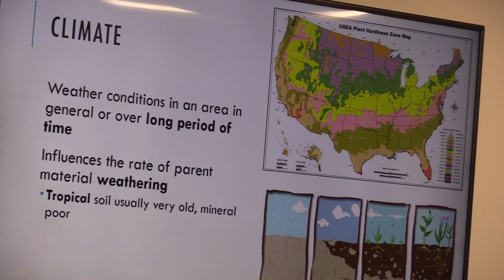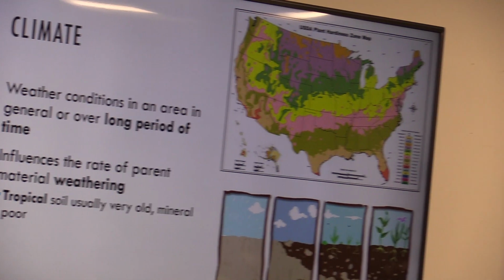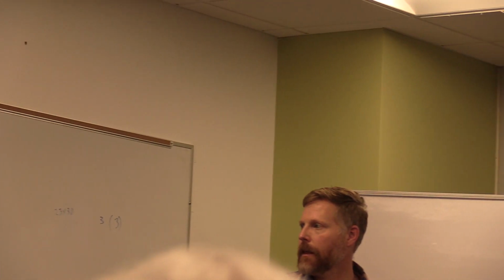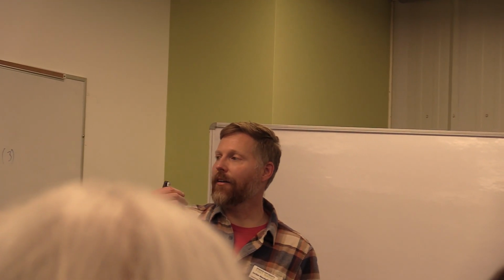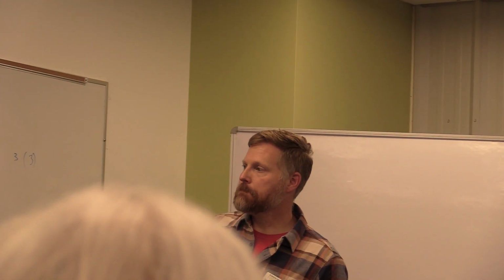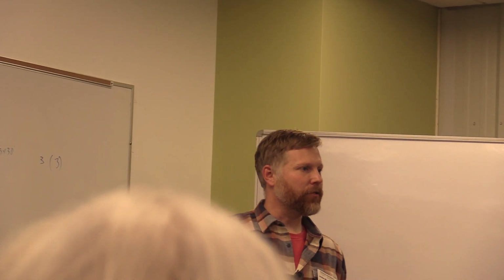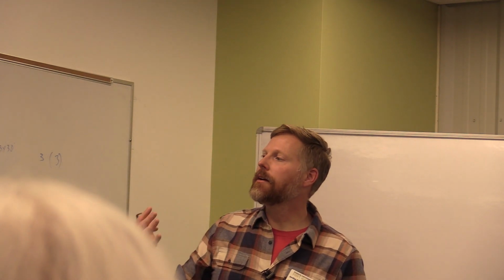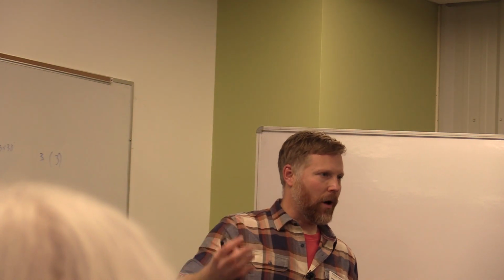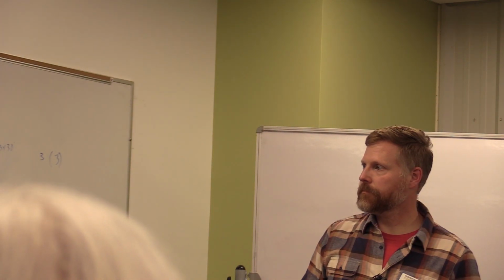The water's moving through, washing the soil, and nothing is left behind for the plants. If we look at temperate, like what we have here, we have decomposition, and we have lots of minerals from the parent material creating soils that do well for plant growth.